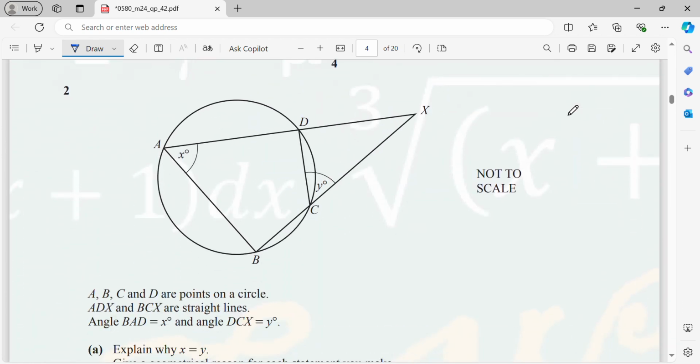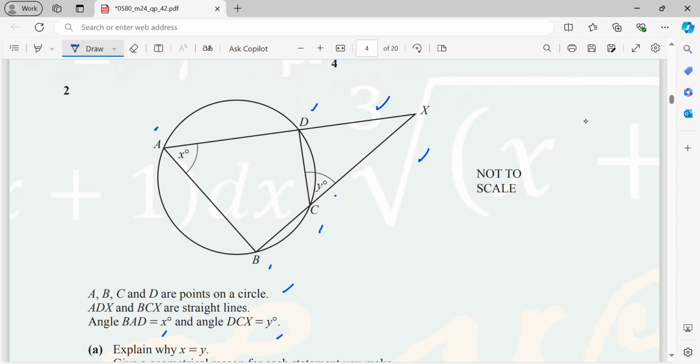Now move on to question number 2. From the diagram, A, B, C, D are points on the circle. Now ADX and BCX are straight lines. Angle BAD is x degrees and angle DCX is y degrees.